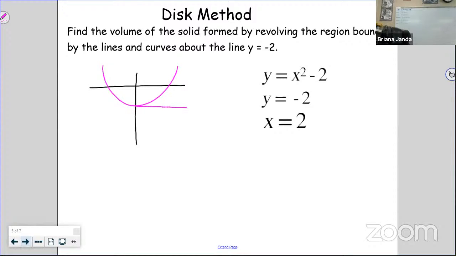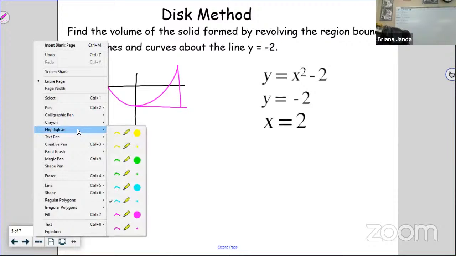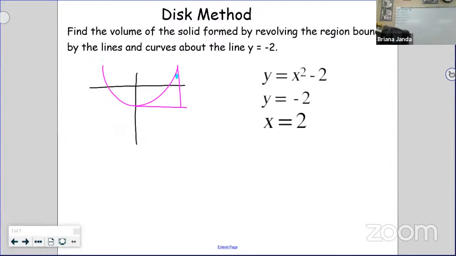And the line x equals 2 is a vertical line out at x equals 2. If I draw all 3 of those in there, it will now give me a shaded region bounded by those 3 lines. I shouldn't say functions, they're not all functions.